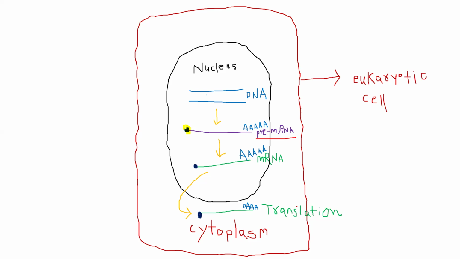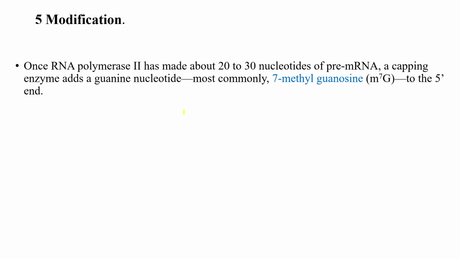This cap, which is actually a guanosine or a guanine nucleotide, is added to the 5' end. This is a methylated guanine, methylated at the 7th position. So this is 7-methylguanosine. And we will see in this lecture that initially only a guanine is added, which is later methylated.